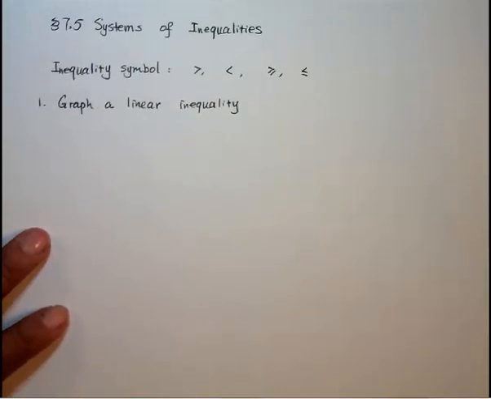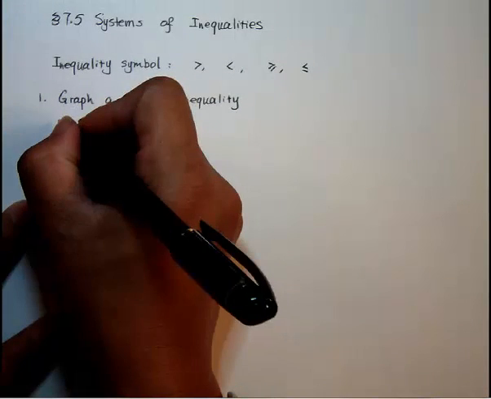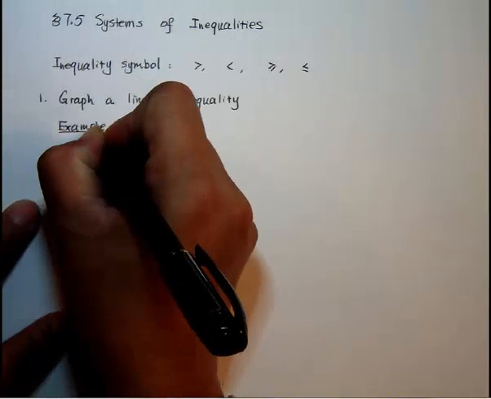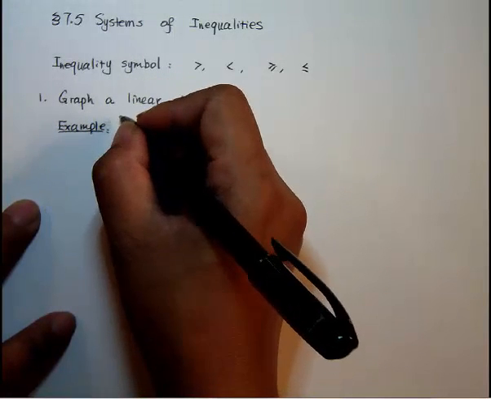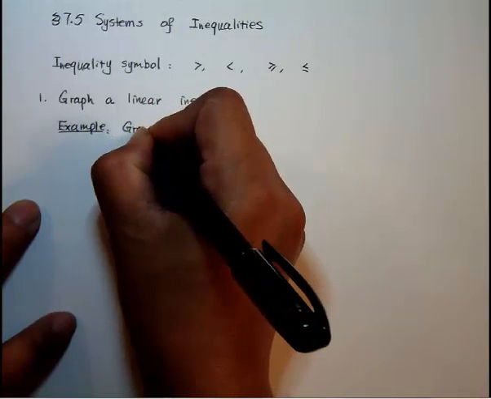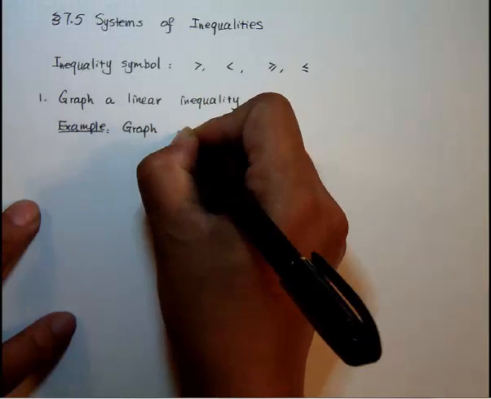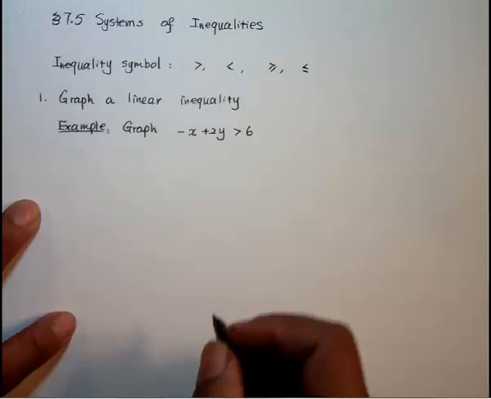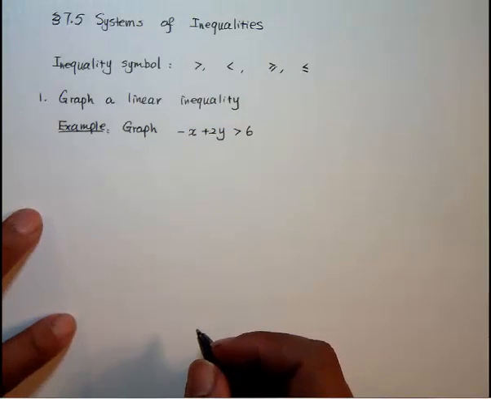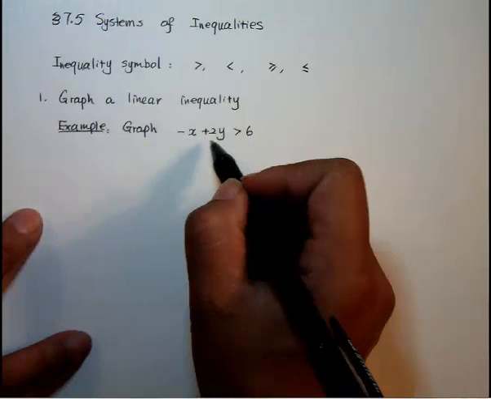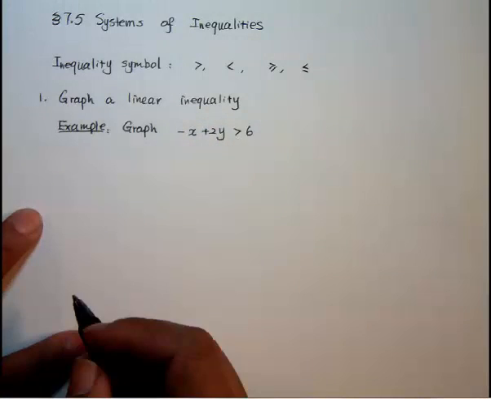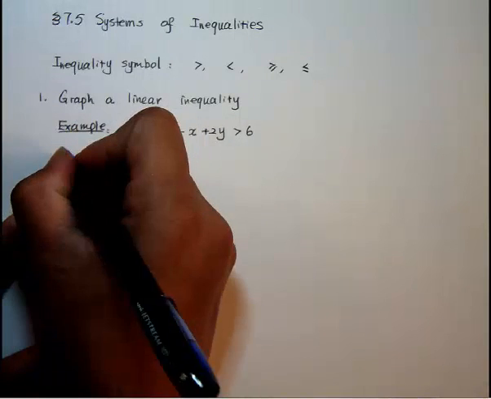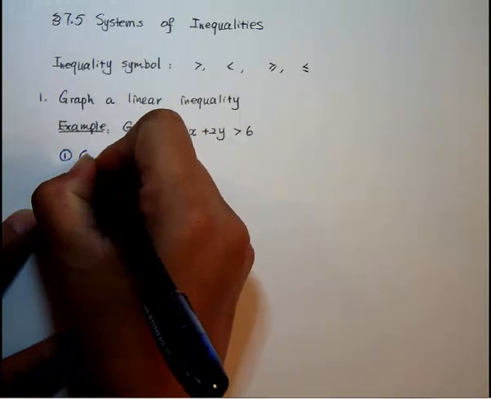So to graph an inequality, let me start with an example. Let's graph negative x plus 2y greater than 6. This is linear, because it's a linear equation with an inequality sign. Usually the first place, we are going to graph the boundary line.